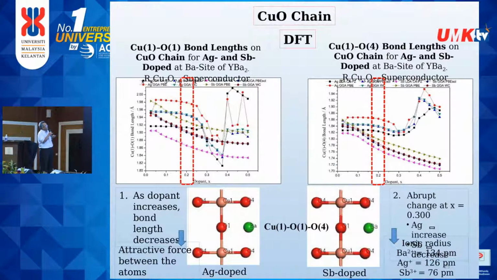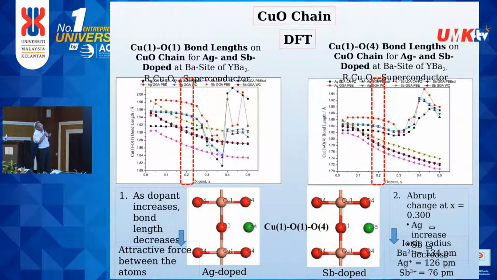Okay, so this one, the Cu1O1 bond length on the copper oxide chain for Ag and antimony dope at the barium site of YBCO superconductor. We can see that as the dopant increases, bond length decreases because of the attractive force between the atoms.